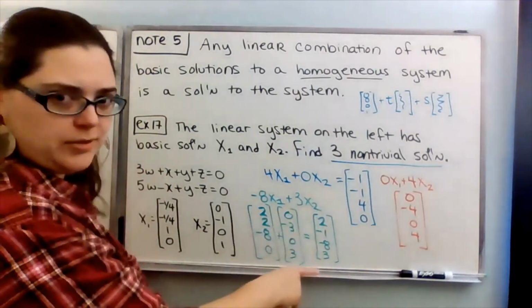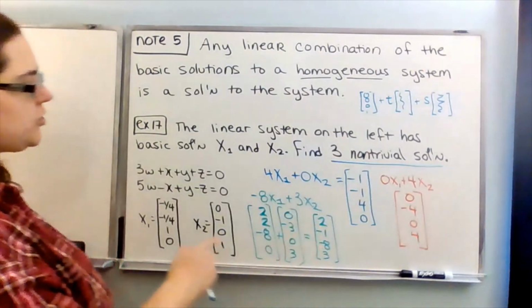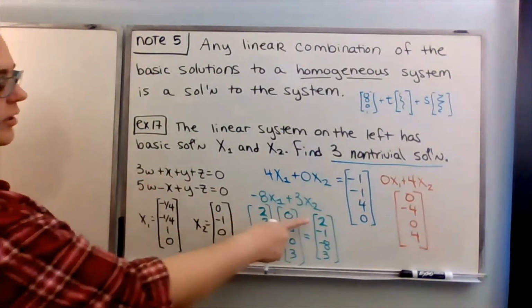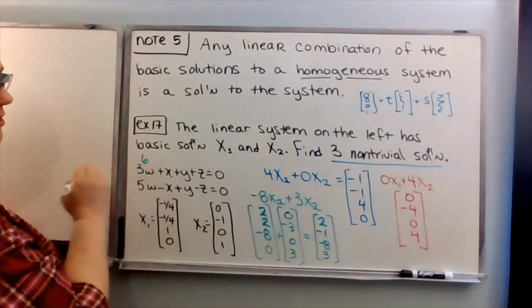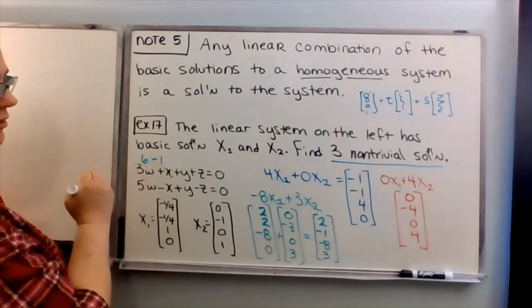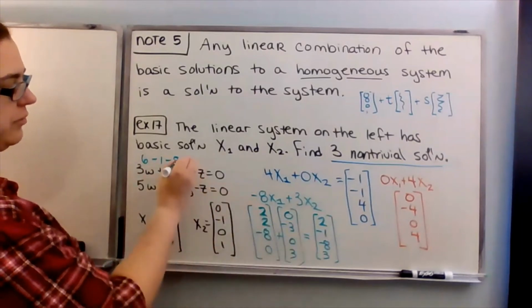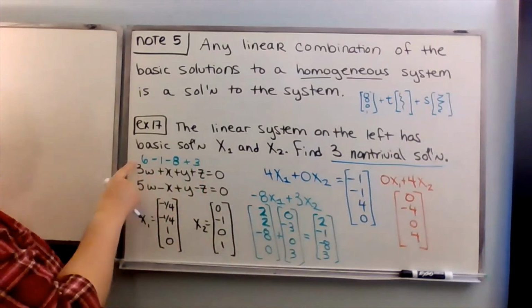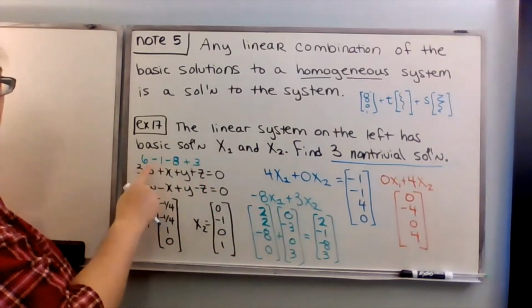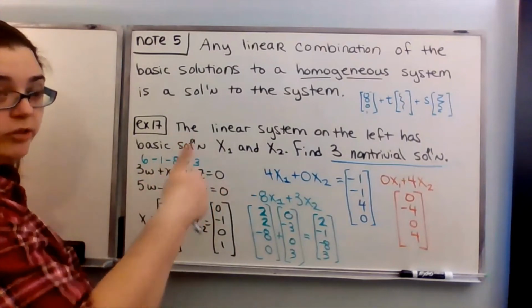Let's check this one because this one looks weird, right? So this is going to give me 3 times 2, so that's going to give me 6, -1, -8, plus 3. So I get 9 minus 9 is indeed 0. So that one checks out.